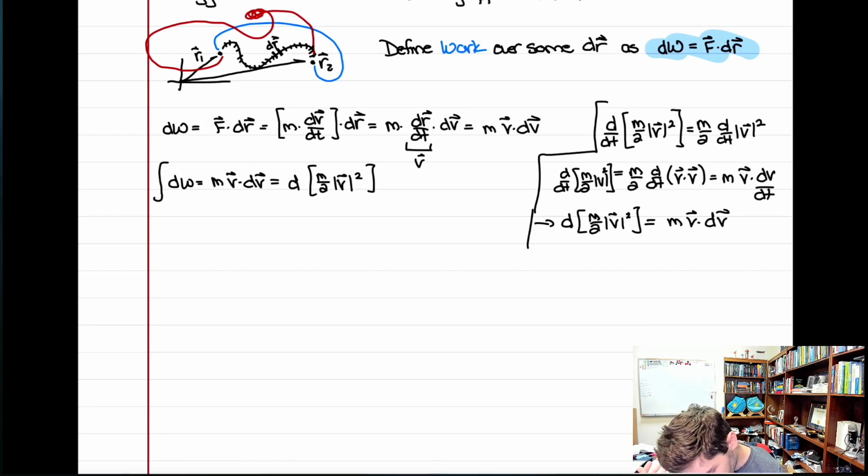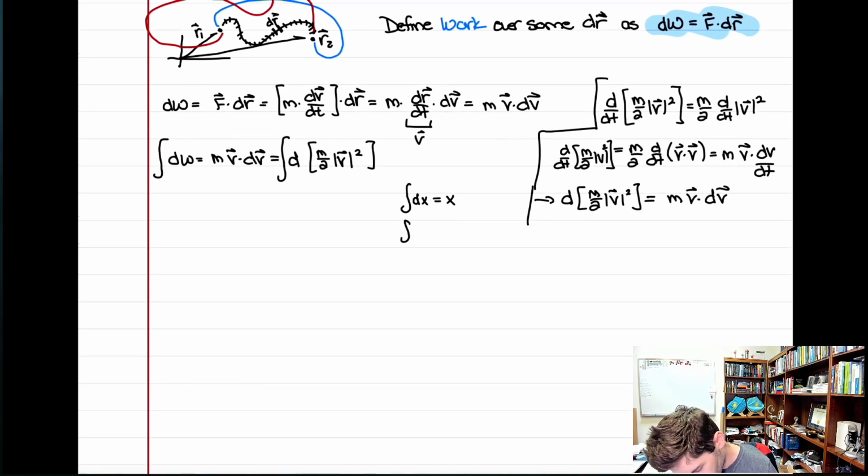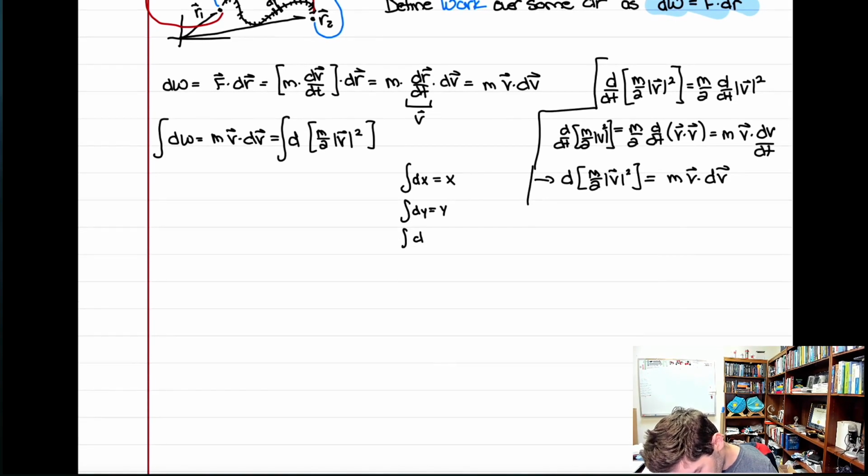If we integrate this side and this side, think back to the calculus module, and I'll just do it off to the side. The integral of dx is just x. The integral of dy is just y. The integral of d star is just star. And whatever is after the d just becomes what's left over once you do the integral.